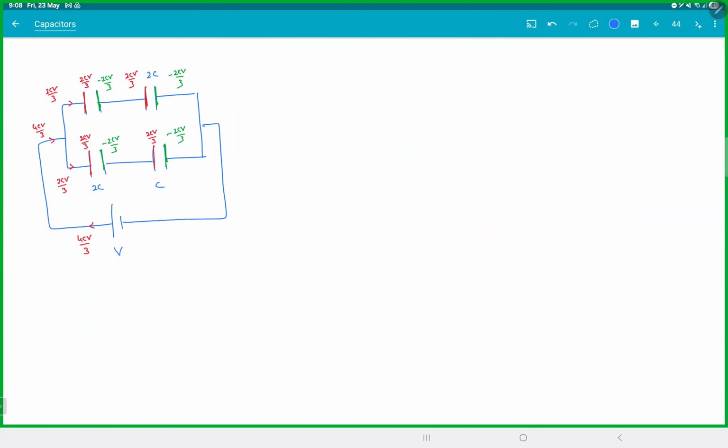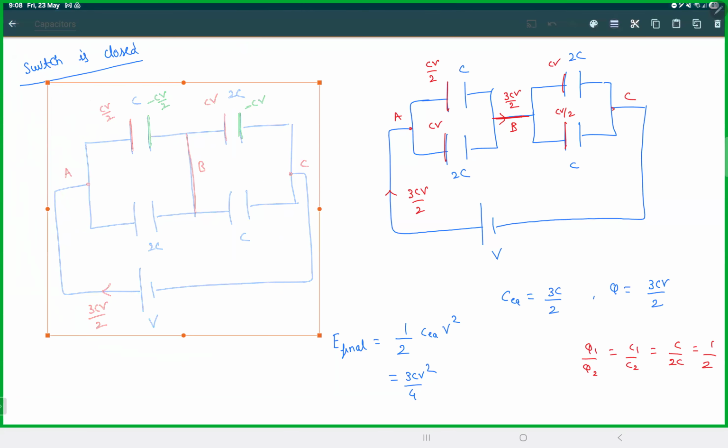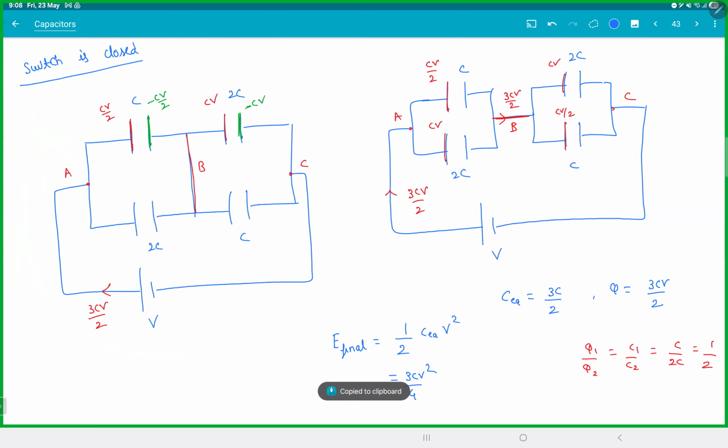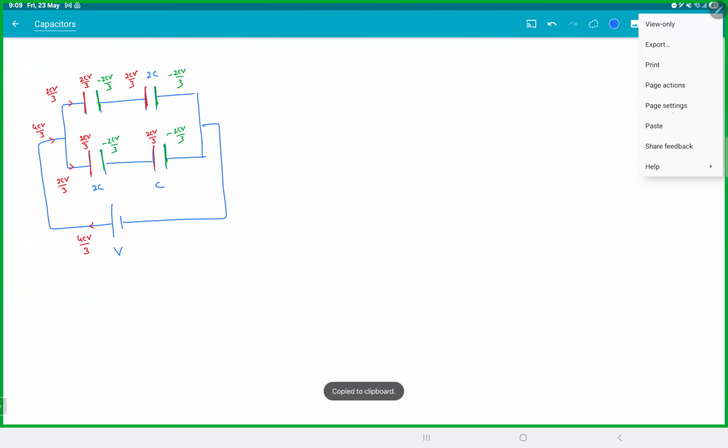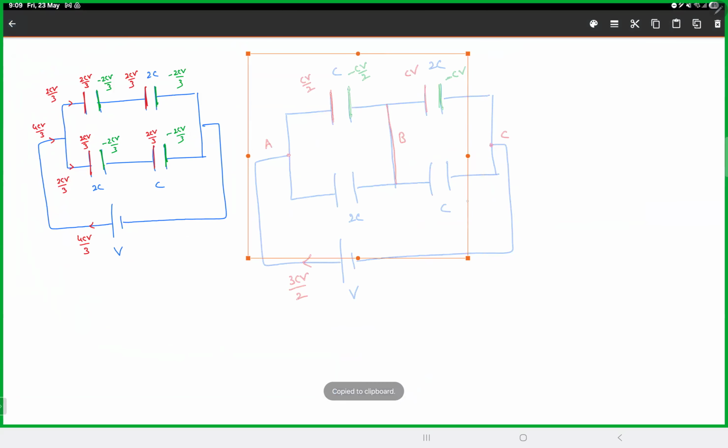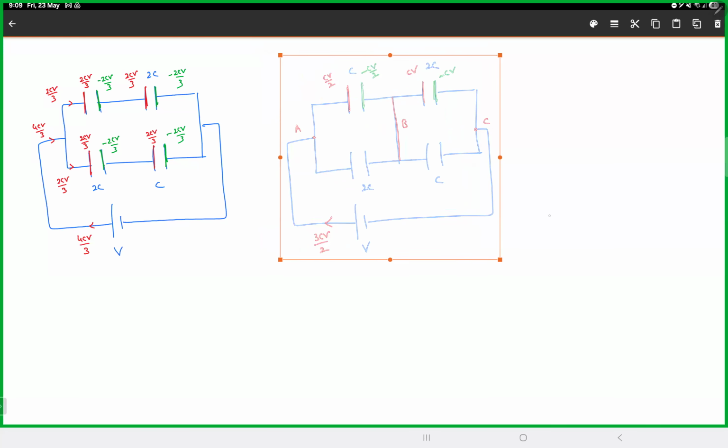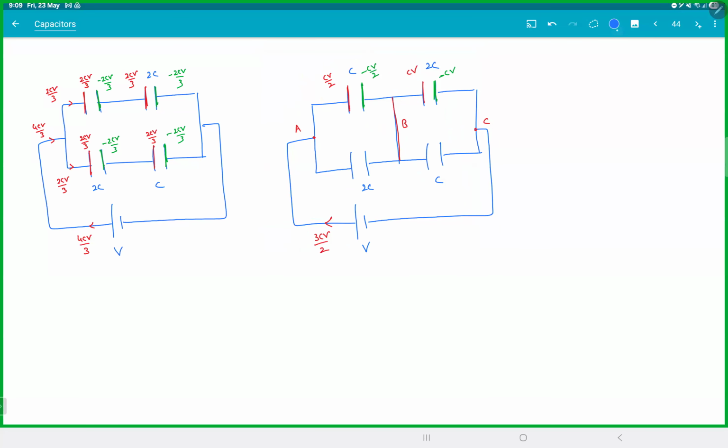So this was the scenario when the switch was open. Look at this. This was the scenario before. This was the scenario after. Now here, I want you to have a look at something. Just look at these two plates. I'm marking them in black.